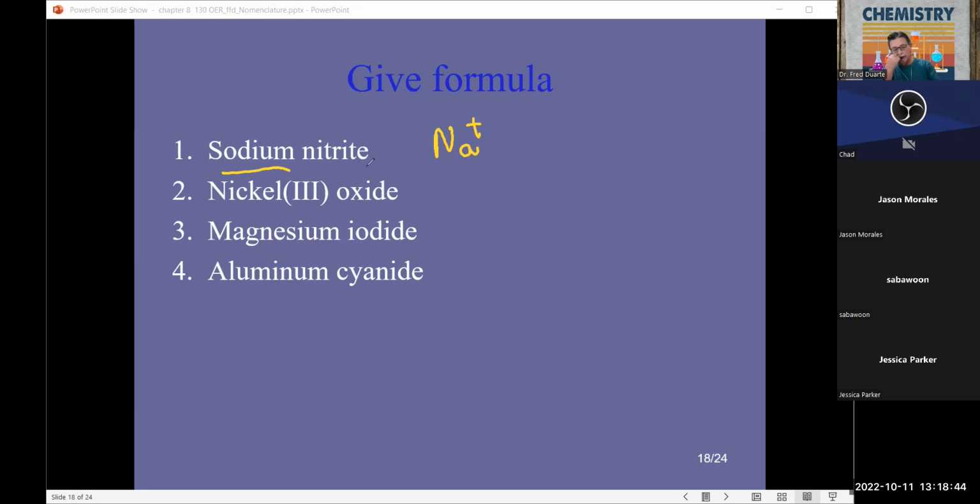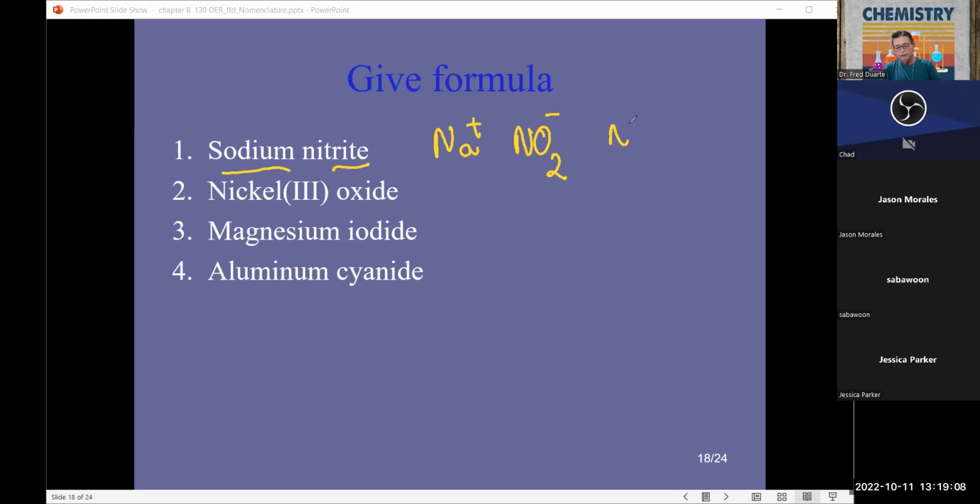We have nitrite, not nitrate, but nitrite. And if you look at the polyatomic ion table, you'll see that that is NO2 -1. So we can ideally just put them together as a 1-to-1 because we got a +1 and -1.